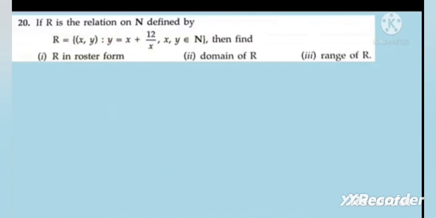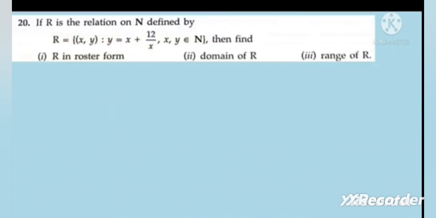Now in this sum it is given that R is a relation of ordered pairs (x, y) such that y is equal to x plus 12 by x. One thing to be noted here is that x and y both should be natural numbers. Now y would be a natural number provided that 12 by x is a natural number.